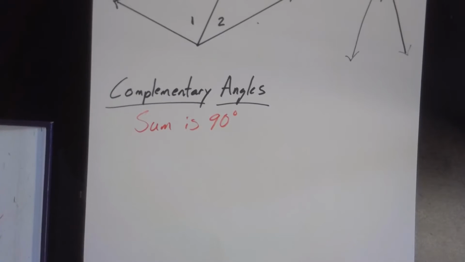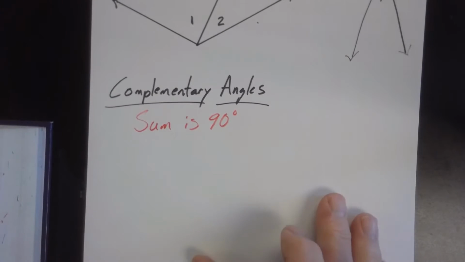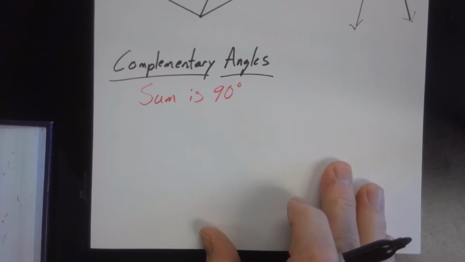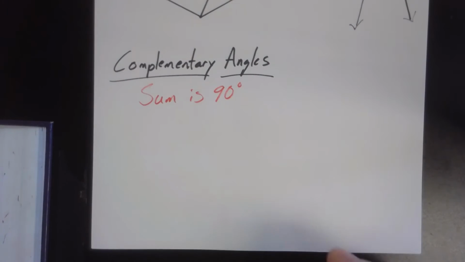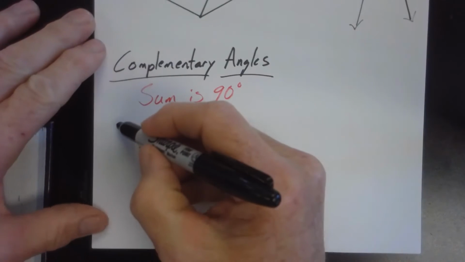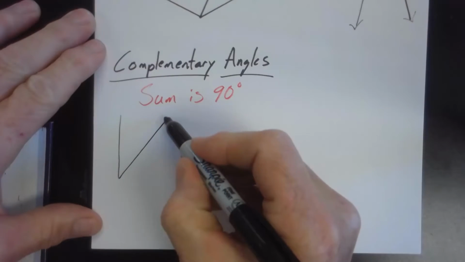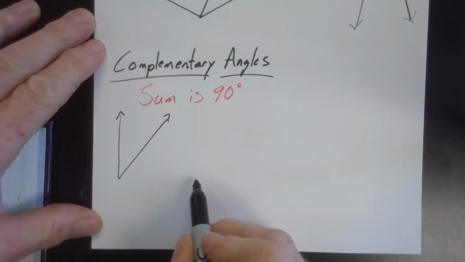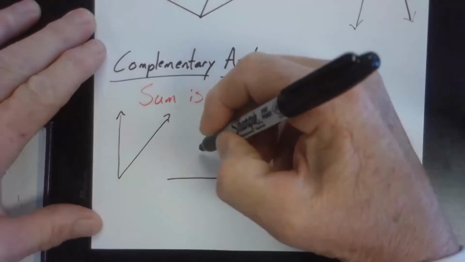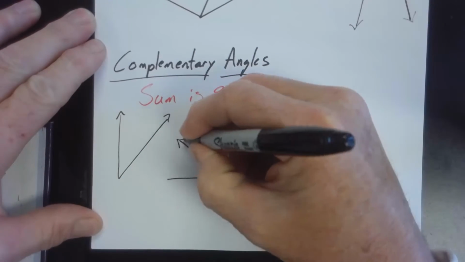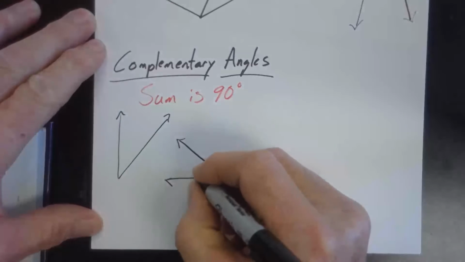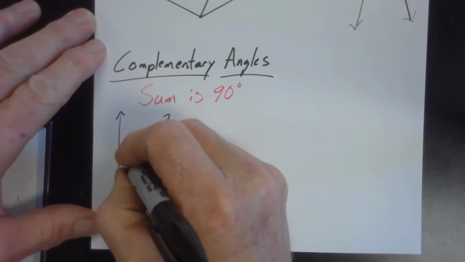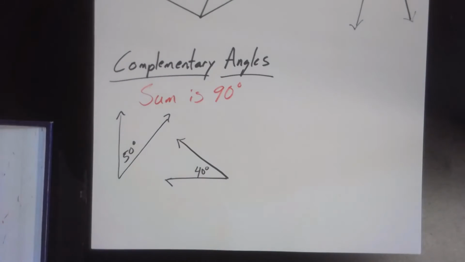Now, here's some things we have to concern ourselves with a little bit. If I have something like this, and then another angle over here, and this is 40 degrees, and this is 50 degrees, those two angles are complementary.